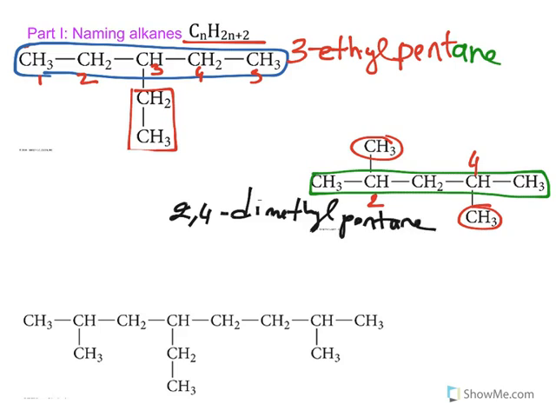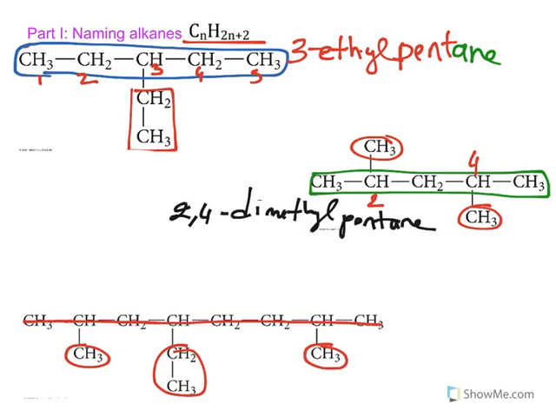The next example, the parent chain is this one. It is made up of 8 carbons. I have 3 substituents, 2 methyl and 1 ethyl group.